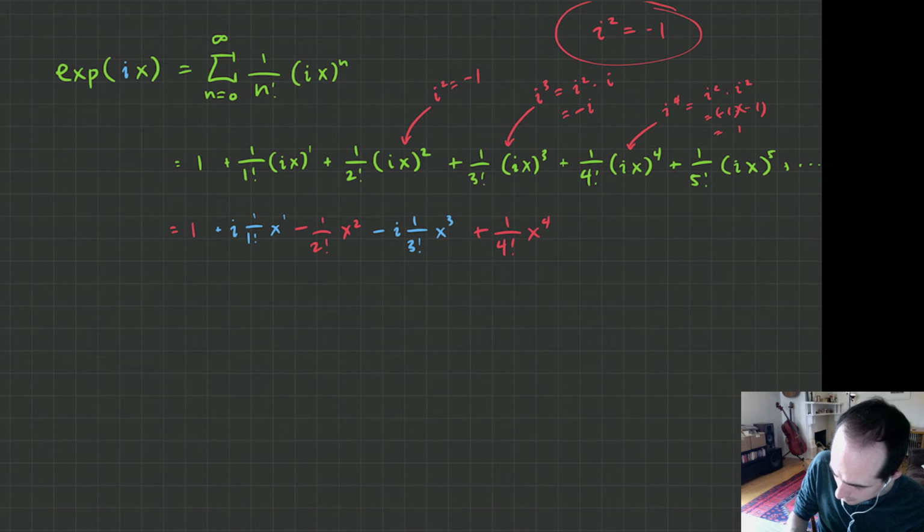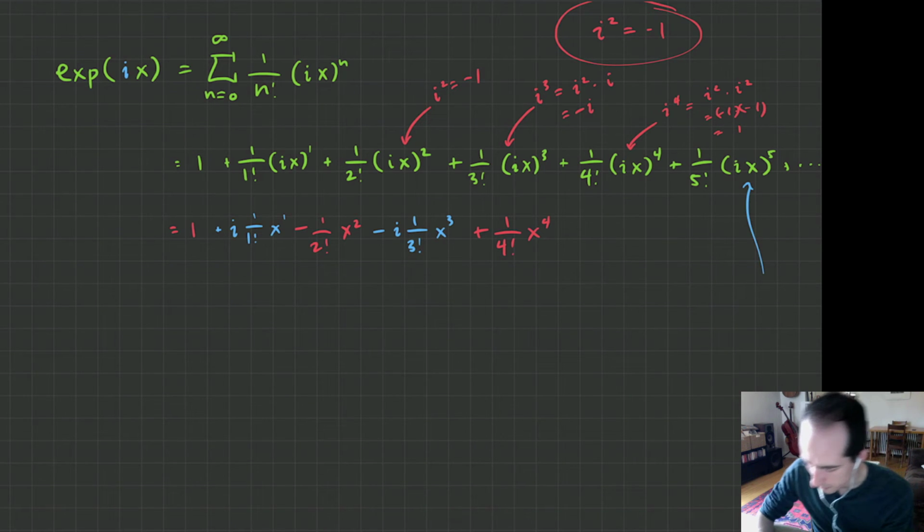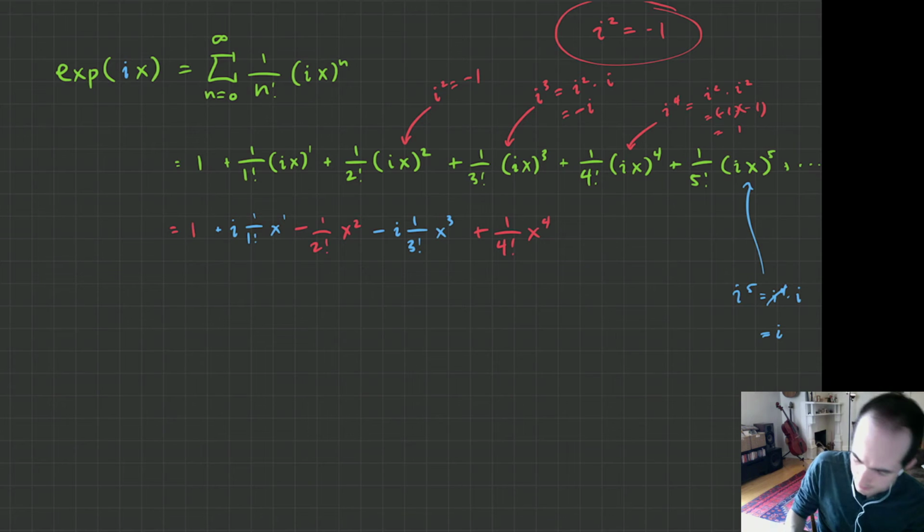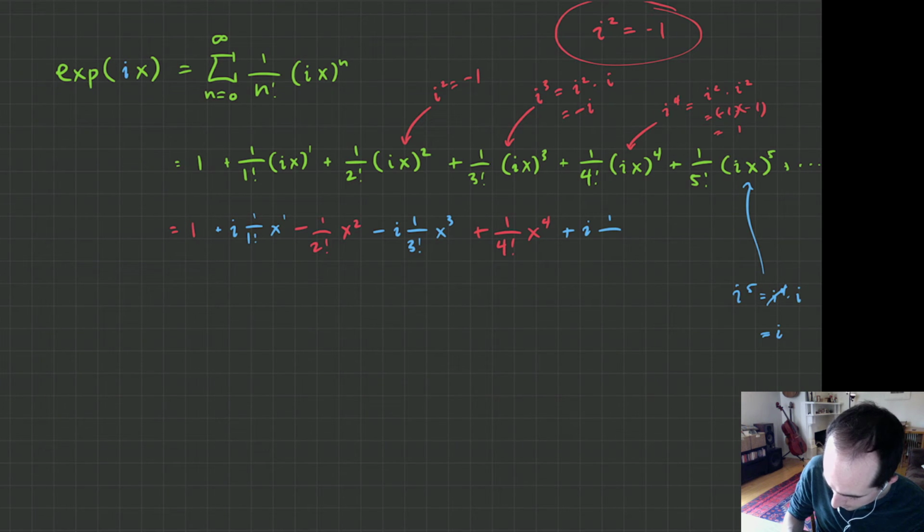And in blue, here I've got i to the 5, which is i to the 4 times i. I to the 4 we saw is 1, so this is equal to i. So i to the power of 5 is equal to i, and that gives me plus i times 1 over 5 factorial times x to the 5.